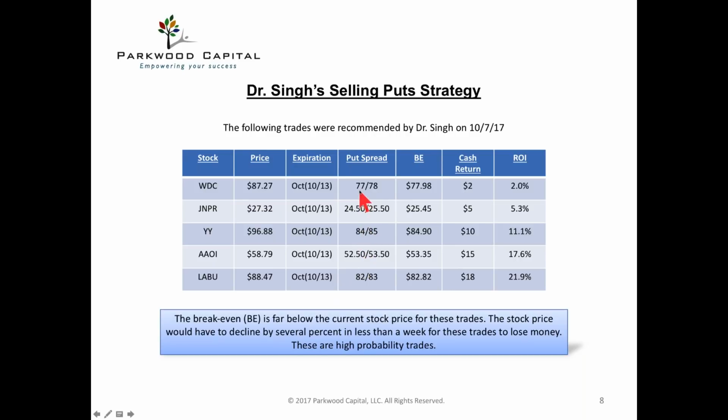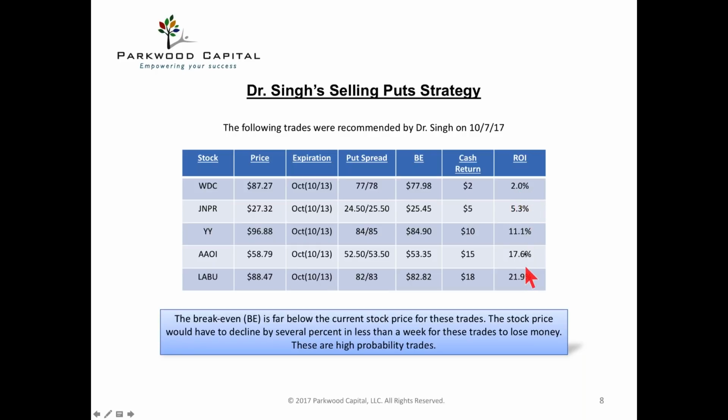In other words, the first one is the strike price that we buy. So for WZC, we are buying the October 13th 77 put and selling the October 13th 78 put. We return a credit of $2, and this is the break even for this trade, just below the strike that we sold, 77.98. If this gets our full profit, our return on investment is 2%.